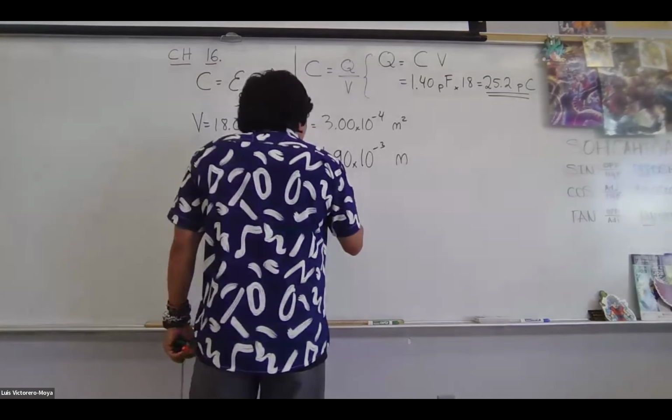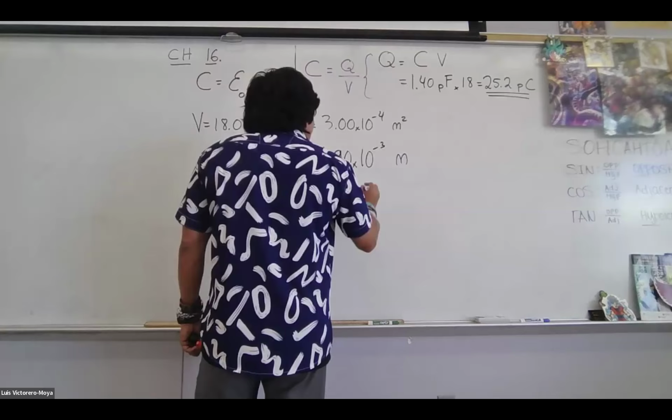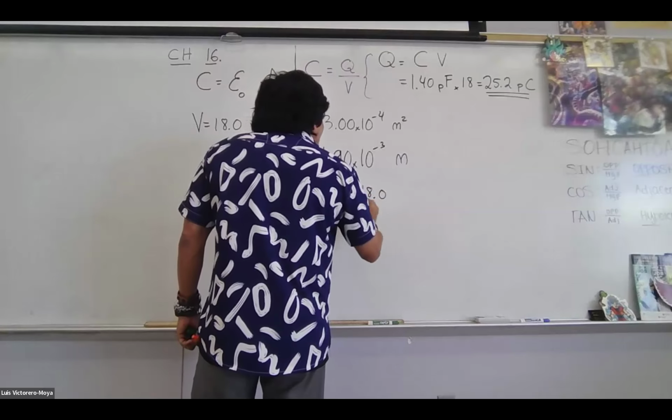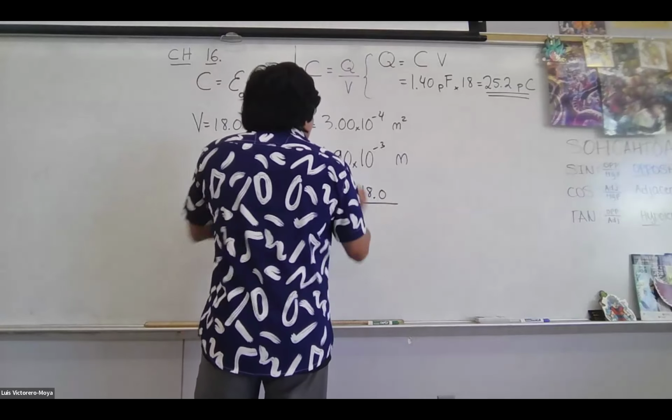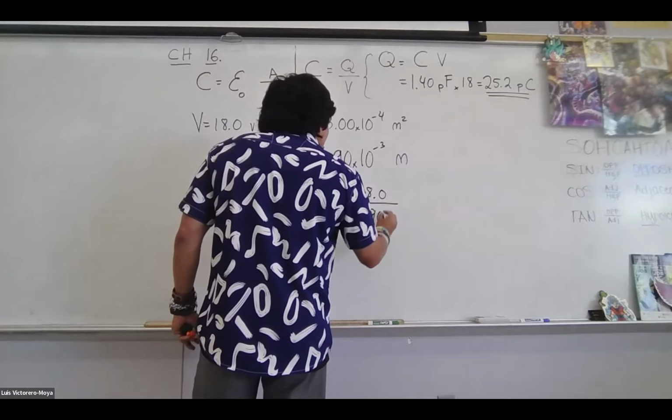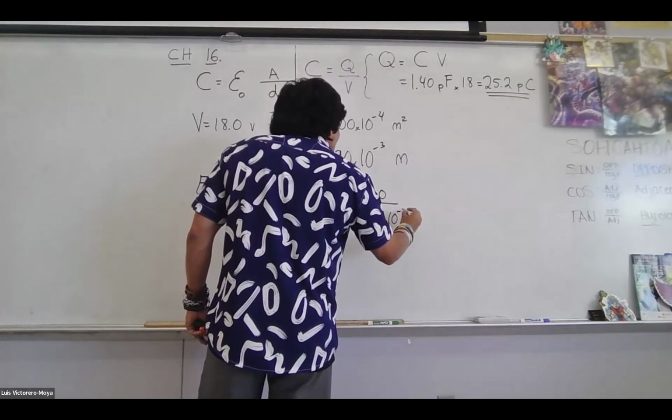Regardless, E will be 18 divided by the distance, which is 1.90 times 10 to the negative 3.